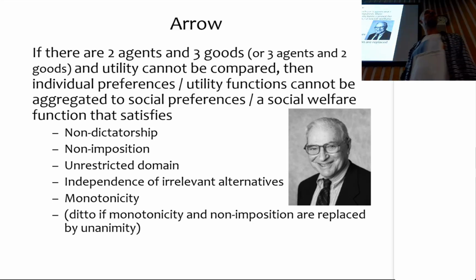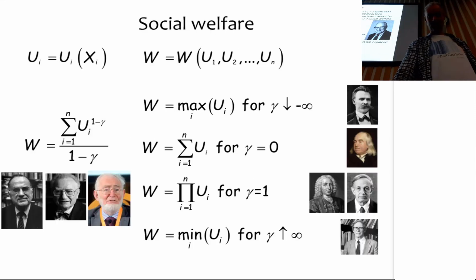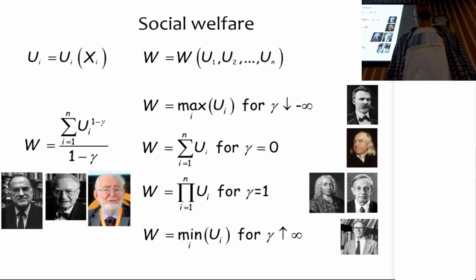If you want to impose these conditions on the social welfare function, then you cannot take individual utility functions and add them up or somehow aggregate them to a social welfare function. That simply cannot be, right? So whenever somebody comes up with a social welfare function, and I of course just did that, always have this in the back of your mind, that we're doing something very peculiar here, and we're violating some fairly basic rules of reasonableness.